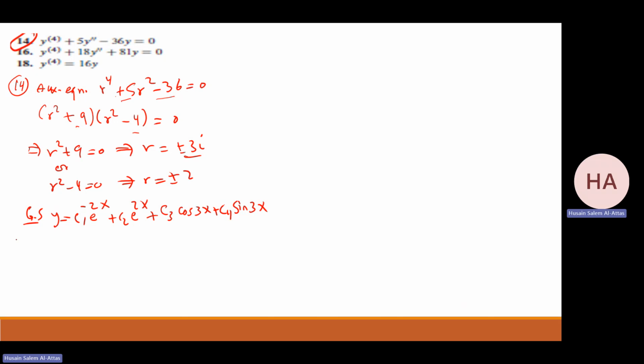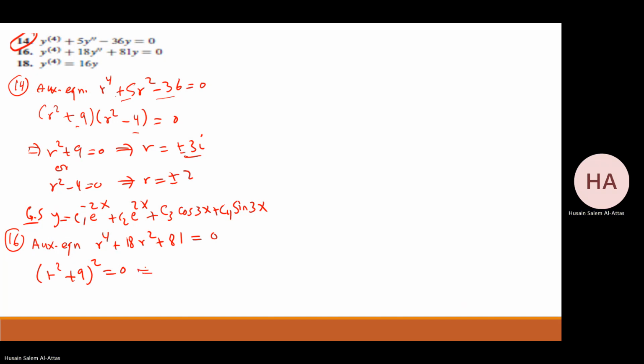Yes, great. 16. Auxiliary equation, r to the power 4 plus 18r squared plus 81 equals 0. And if you notice, it's r squared plus 9 all squared. Yes, 9 times 9, 81. 9 times 2 is 18 times r squared.